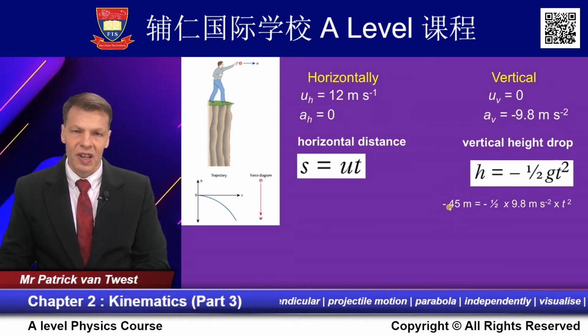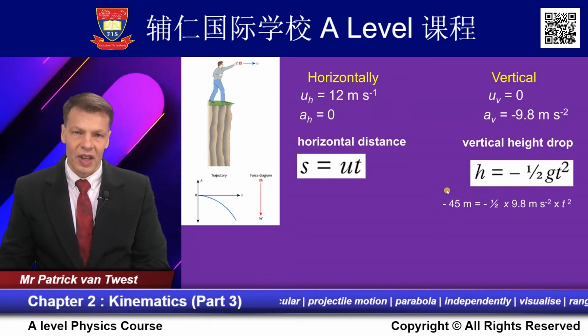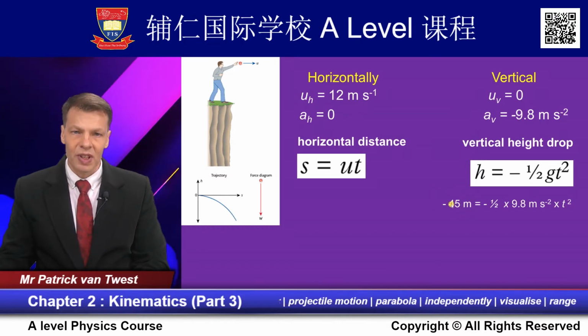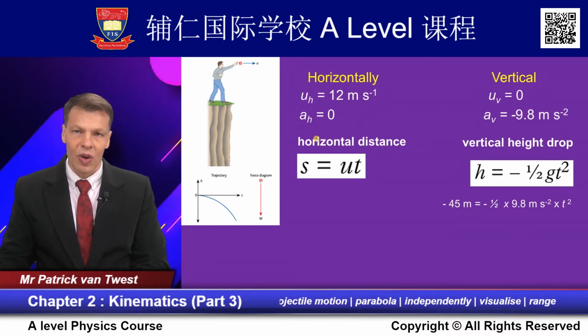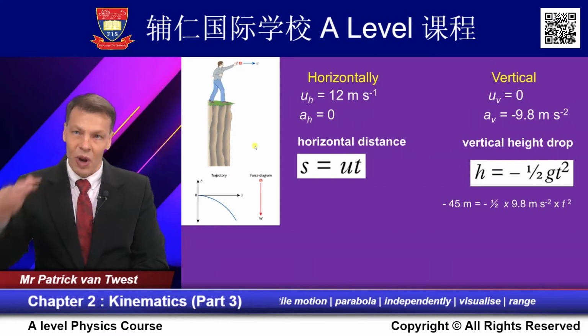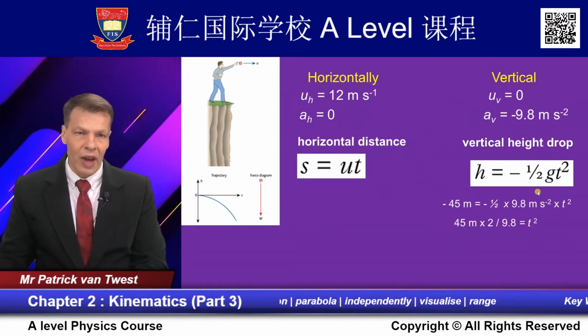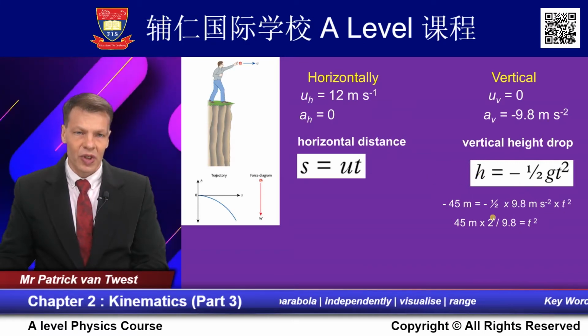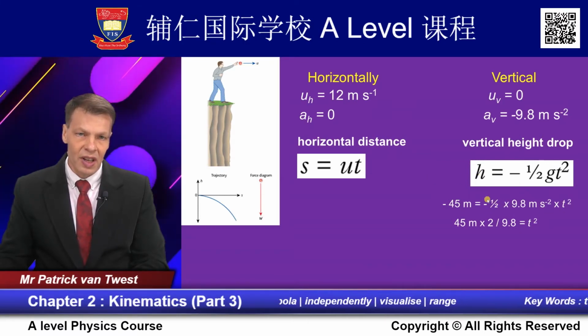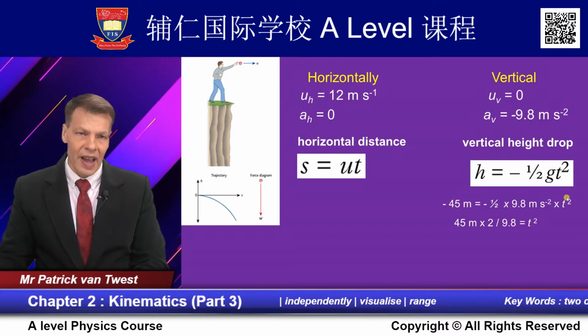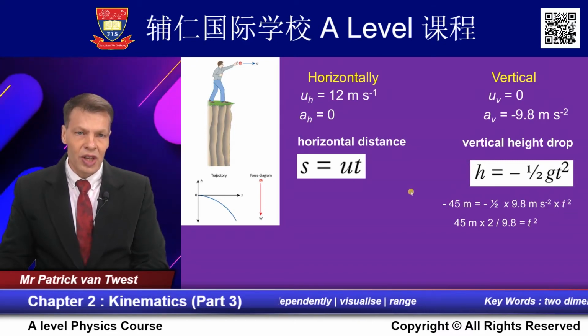Now, do you remember we said that it's 45 meters in the air? So when the vertical displacement is 45 meters below the initial height, that's the time at which the stone will hit the ground. So if we just put those numbers in here, so 45, and then t is the unknown, g is minus 9.8.